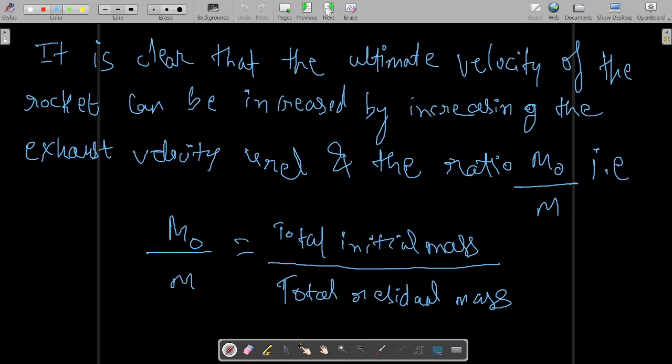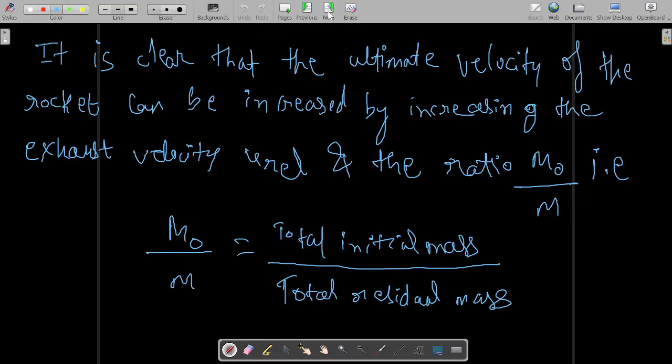However, the exhaust velocity, u relative, is what? U relative is your exhaust velocity.